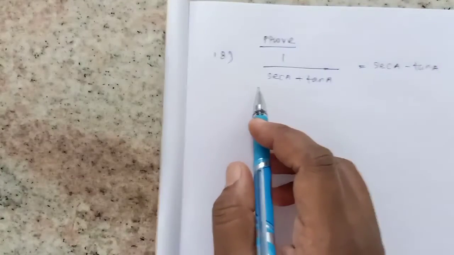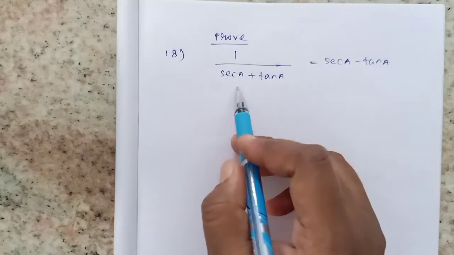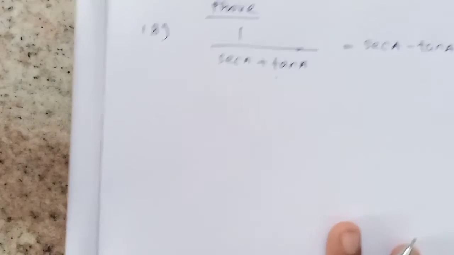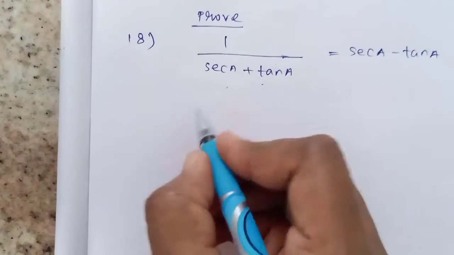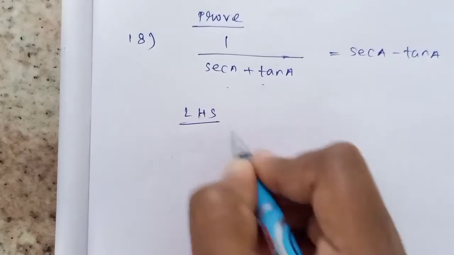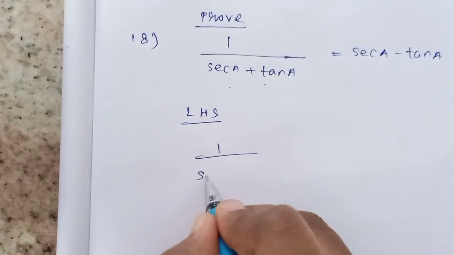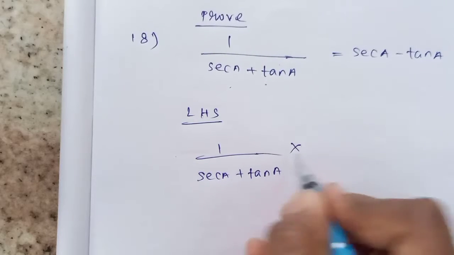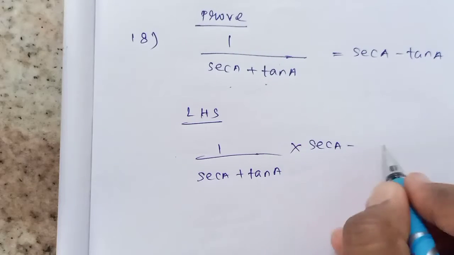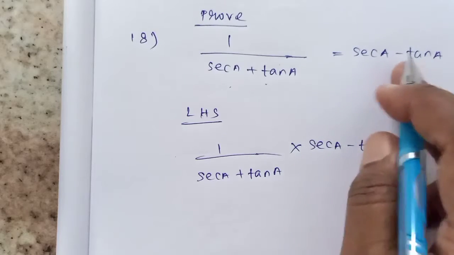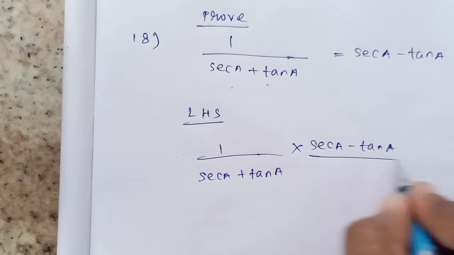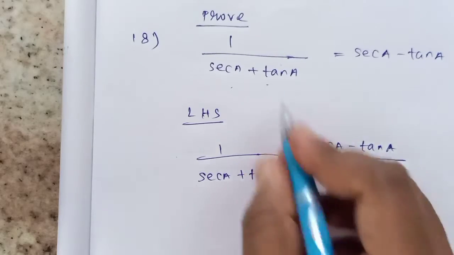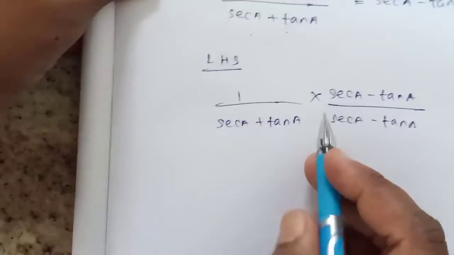Next, the 18th sum. We have to prove 1 by secant A plus tan A is equal to secant A minus tan A. Take LHS: 1 by secant A plus tan A. Multiply both numerator and denominator by secant A minus tan A, because we need secant A minus tan A. When we multiply and divide by that term, these two get cancelled and the original expression comes.